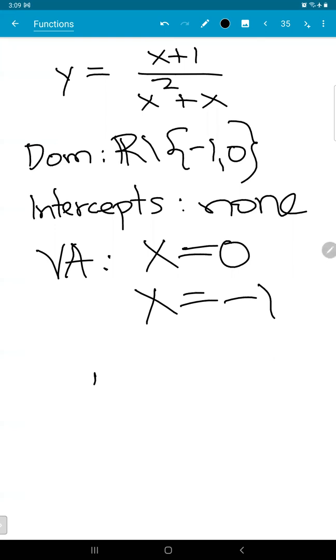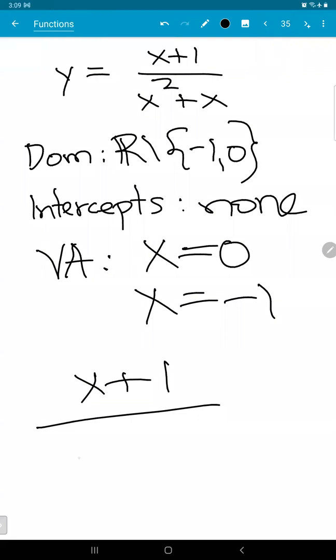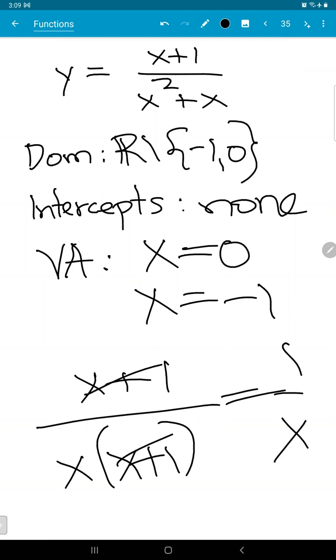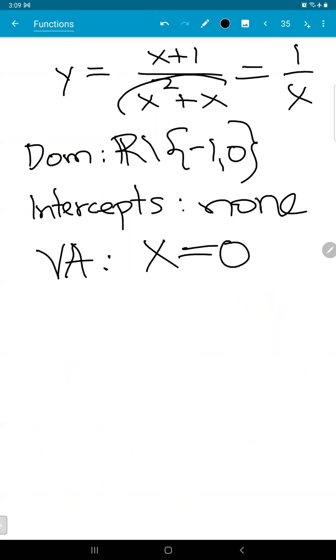And again, you will have to cancel out. Again, it's equivalent to 1 over x. Let me put it there. And if you look at this equivalent expression, definitely you see that only x equals 0 is a vertical asymptote. Isa lang. So hindi kasama lahat ng factors ng denominator kung may common factor sa numerator. Kakancel nyo muna yon.